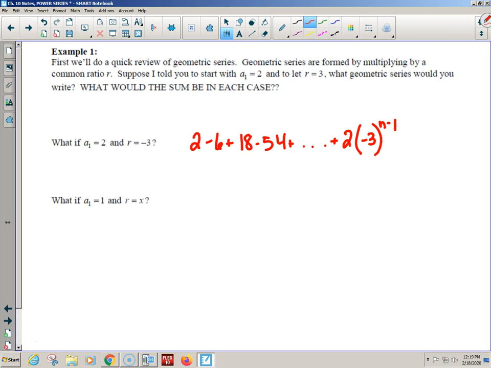Good? From i equals 1, or I could say n equals 1, sorry. I don't know why I went to old school i notation. n equals 1 to infinity of 2 times negative 3 to the n minus 1. I think that's good, yeah? So what's the sum? What does this whole thing equal? It diverges.